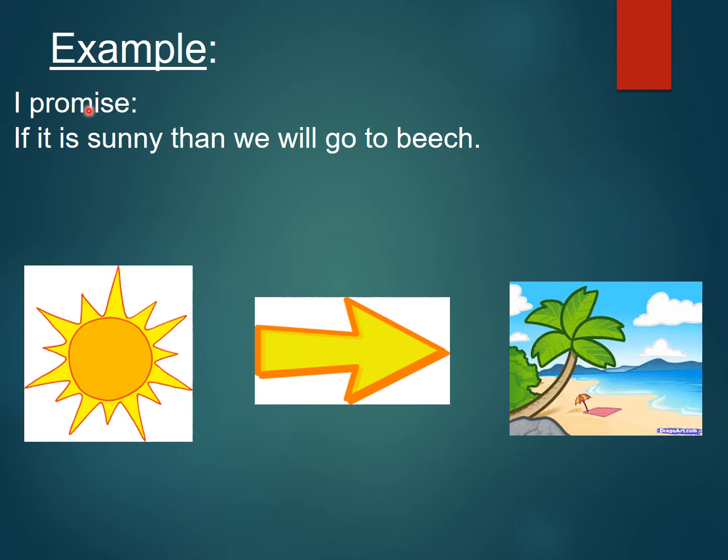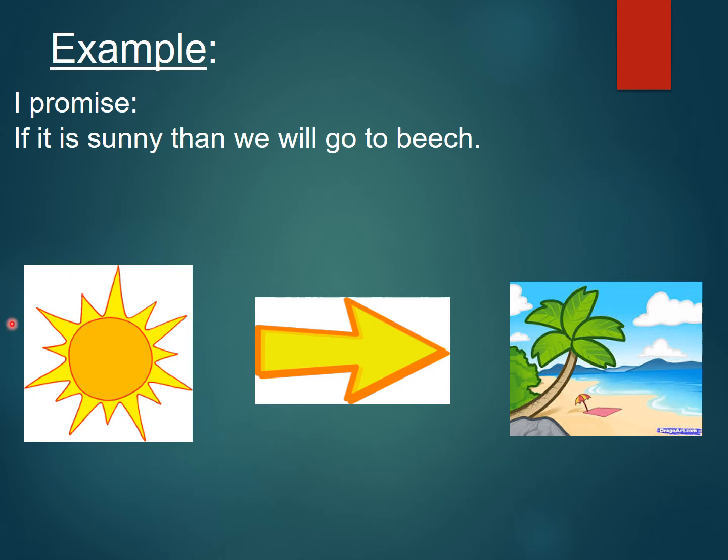Let's talk more about it. I make promise, if it is sunny, then we will go to the beach. In most of the problems, we are going to use logics as P, Q, but here we are using pictures.